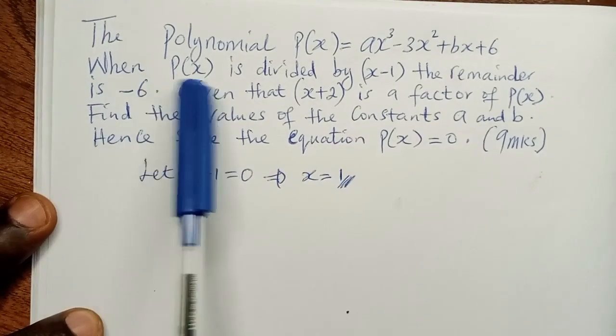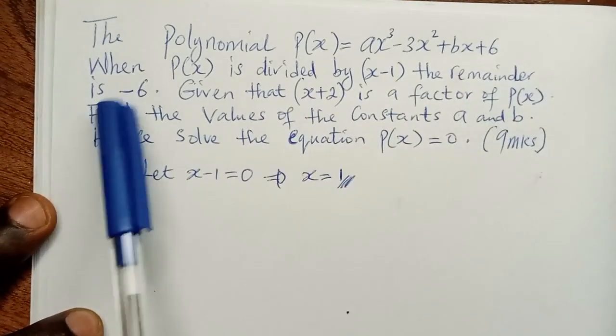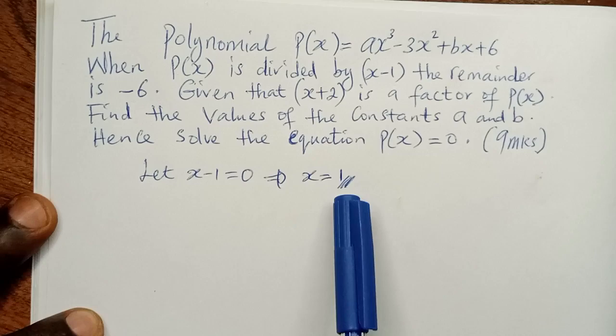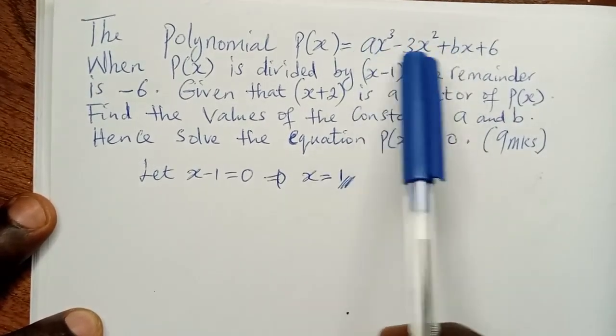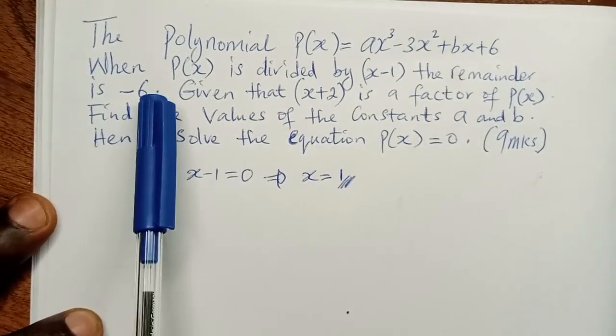Remember, when p of x is divided by x minus 1, the remainder is minus 6. So by inserting this 1 inside of this expression, anywhere that we see x, we replace it by 1, then we must equate this to minus 6, which has been given here.